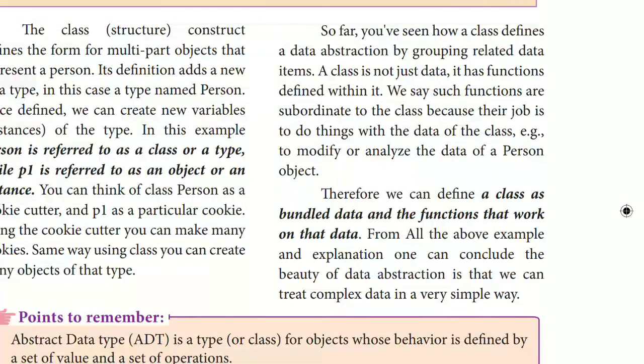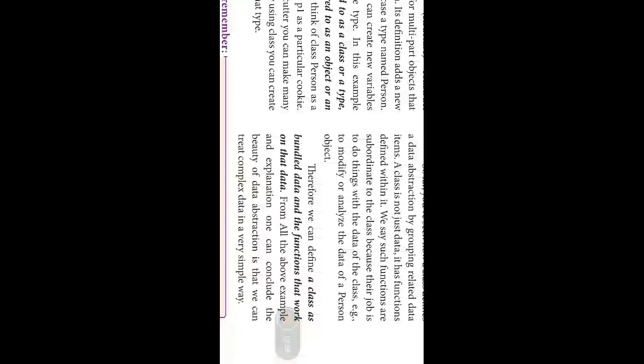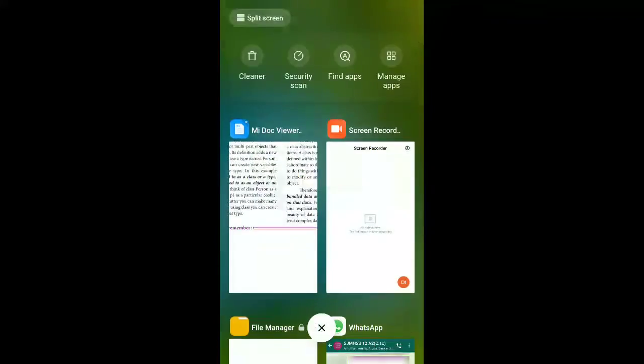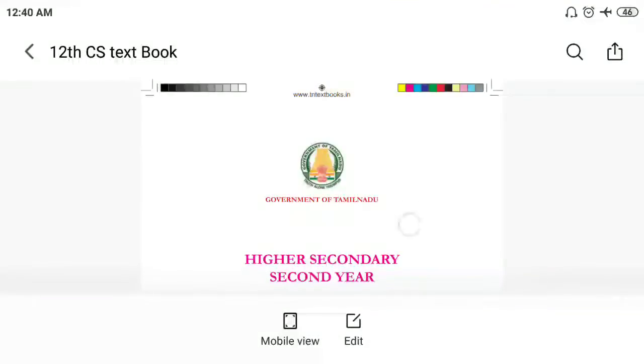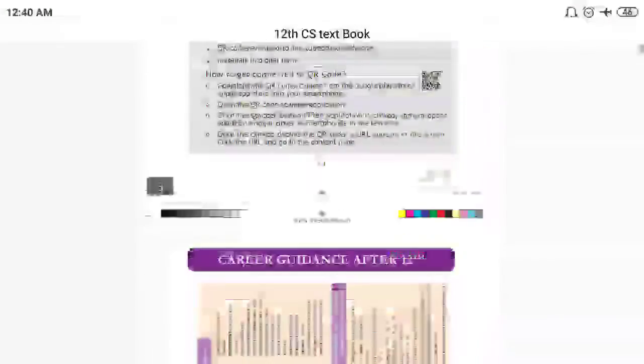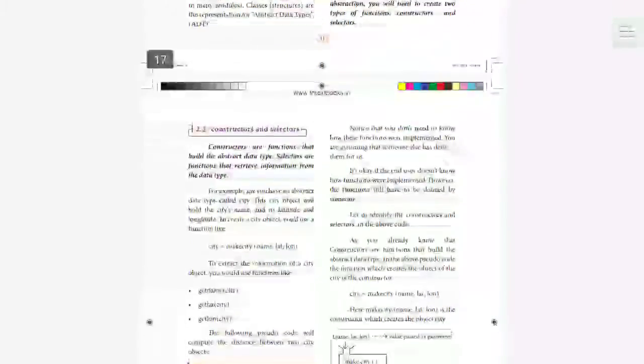Therefore we can define a class by bounding these kinds of values together to form a particular structure.